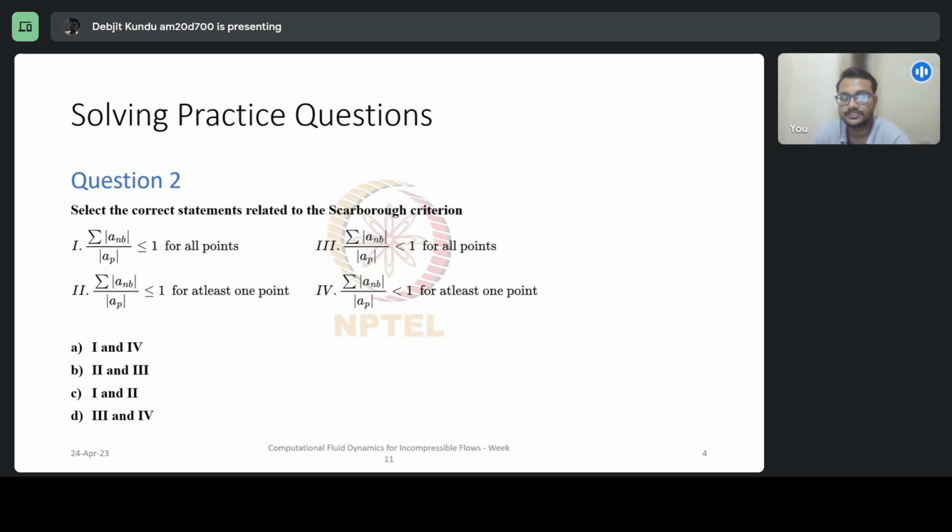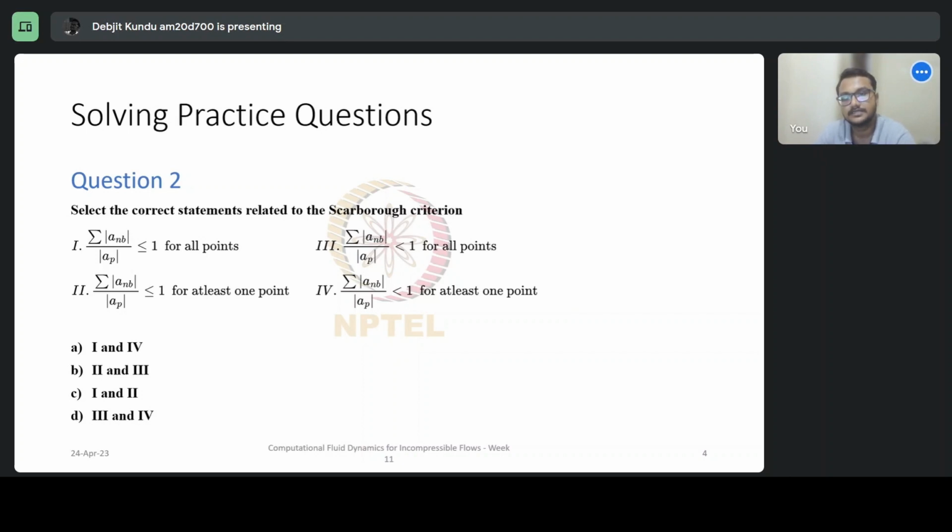So the four statements given are: statement number 1, the ratio of summation of all neighboring coefficients over the point coefficient should be less than or equal to 1 for all points. Statement 2 says summation over magnitude of A and B over AP should be less than or equal to 1 for at least 1 point.